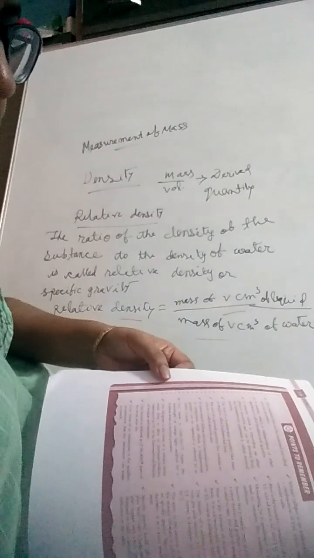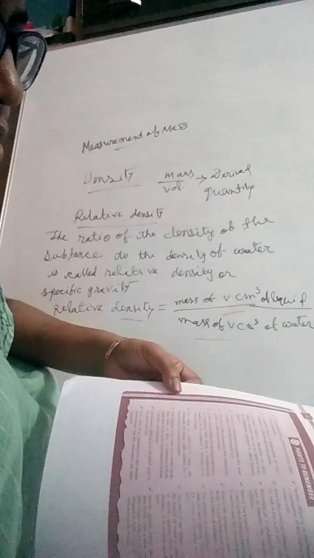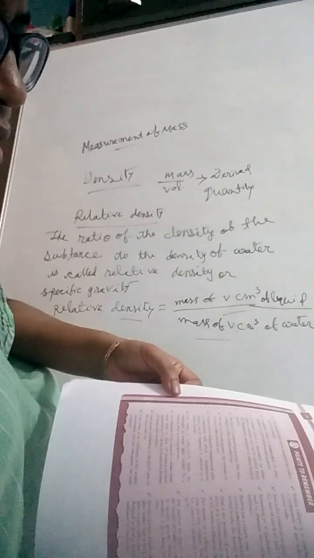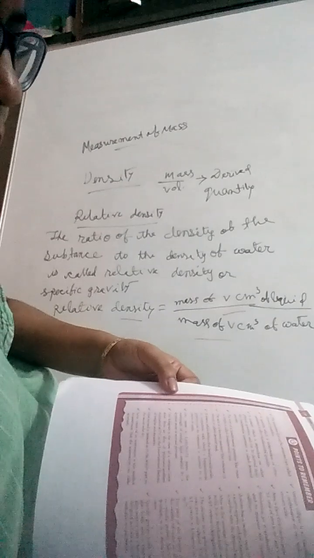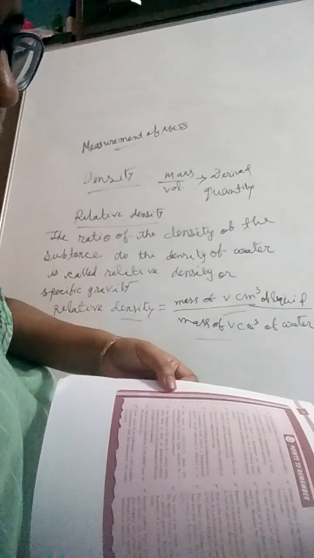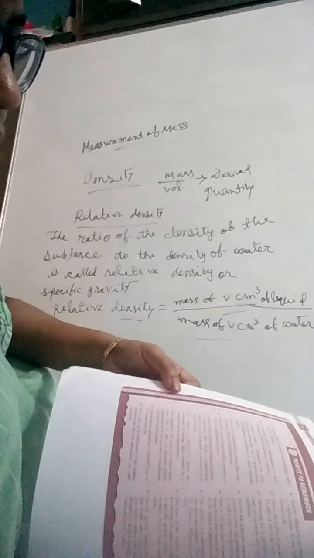The unit of a fundamental quantity like mass or length is called a fundamental unit. The unit of a derived quantity like volume or velocity is called a derived unit.